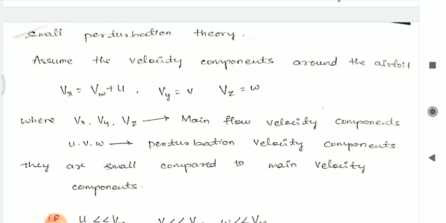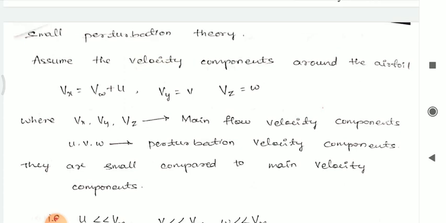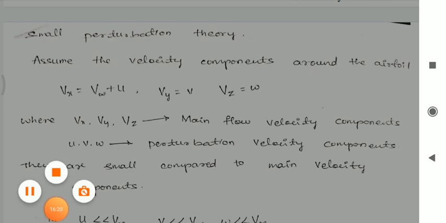Vx, Vy, Vz are the main flow velocity components, and u, v and w are the perturbation velocity components. Perturbations are very small compared to the main velocity components, that is u, v and w are very small compared to Vx, Vy and Vz, whereas Vy is just small v and Vz is just small w. So this Vx is larger compared to the other two terms Vy and Vz, is what we mean here.